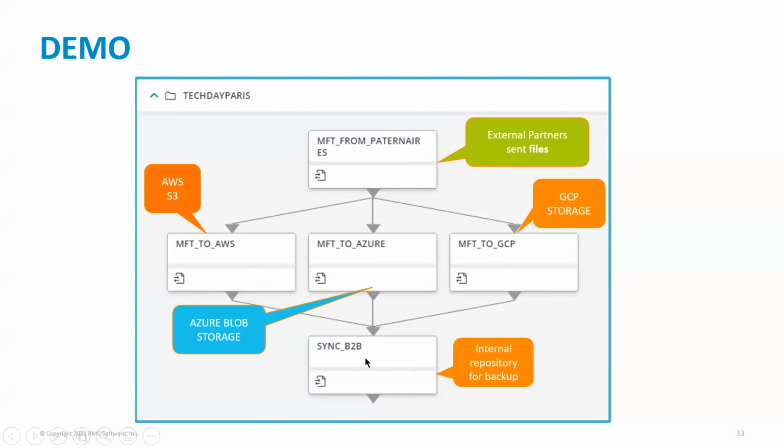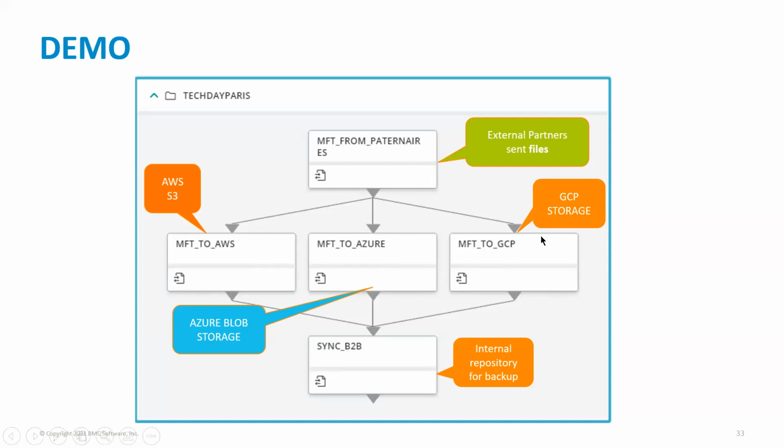And after we have the B2B hub, it's a different set of files. You can have XLS files, PDF files, and TXT files. To emphasize all the new capabilities that we added to the MFT, I will send by MFT job to different cloud vendors. Before sending that, I will show you how to configure the connection profile.